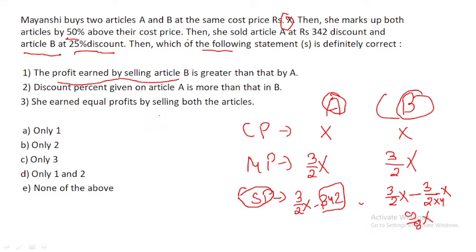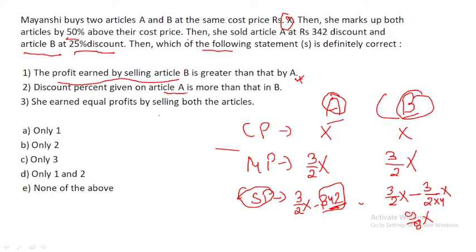Selling price of A is given as 3 by 2x minus 342, in terms of rupees, while the discount on article B is given in terms of percentage, right? So we cannot get the difference of SP and CP. So we cannot decide how much profit is earned by A and by B. The data given to us is not sufficient. So we cannot say statement 1 is definitely correct. We will eliminate this.